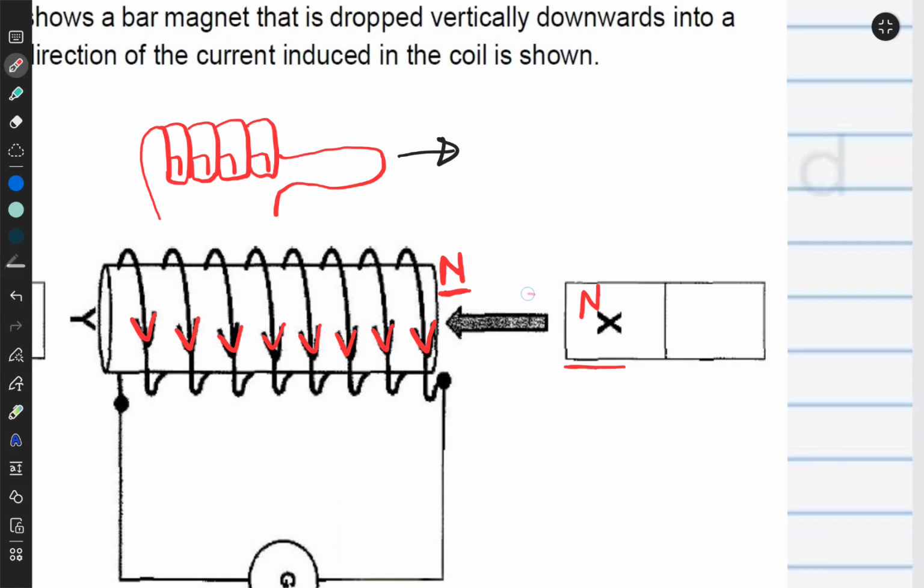So if the bar magnet wants to go inside the solenoid, it will want to kick it out. So for it to kick it out, it must have a polarity at the entrance here that will allow these two magnets to repel. By two magnets, I mean the bar magnet and our solenoid, because remember, once we have current running in the solenoid, it then becomes a magnet itself. So that's why this X will be a north pole. So we can comfortably say X is a north pole, right?